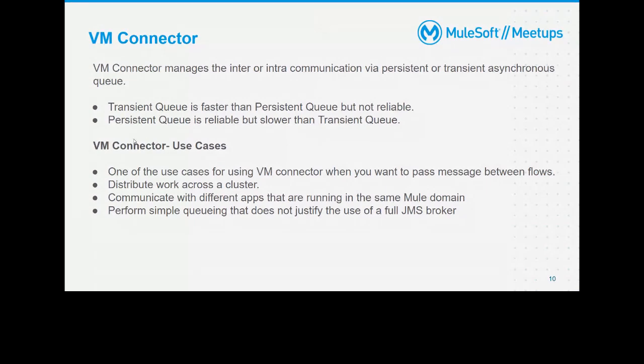One of the use cases for the VM connector is when you want to pass a message from one flow to another flow. You can make use of a VM queue across the cluster. You might have heard about clustering: a cluster is a group of servers which act as a single unit.